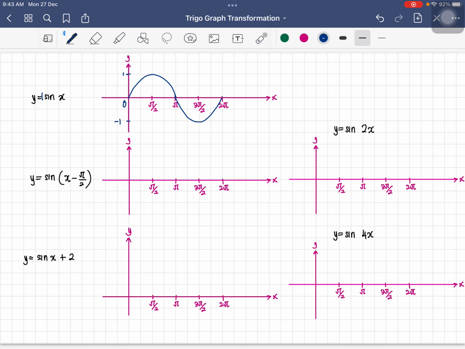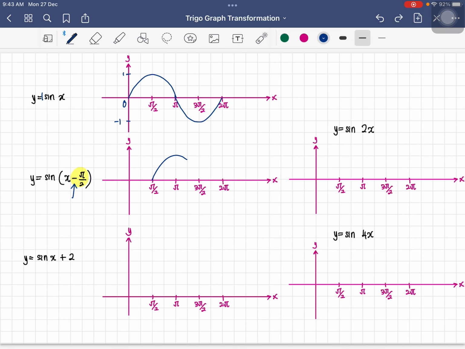If we have sine of x minus pi over 2, we are going to shift this graph to the right by pi over 2, because it is subtraction here. So the graph is shifted to the right by pi over 2 units and should start here.